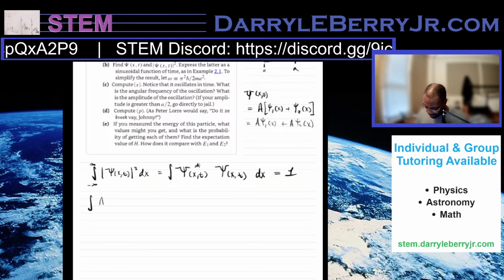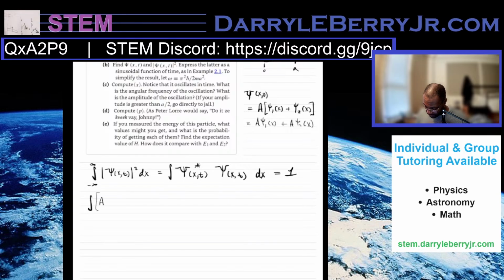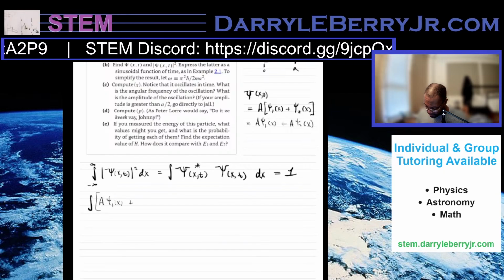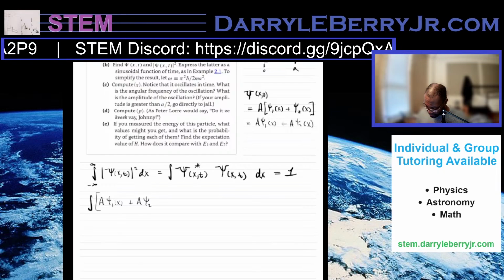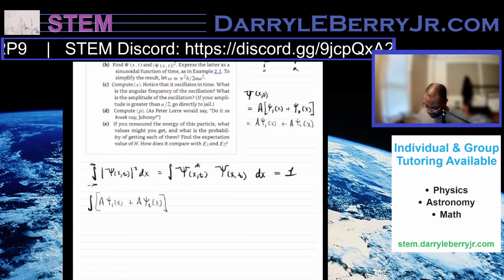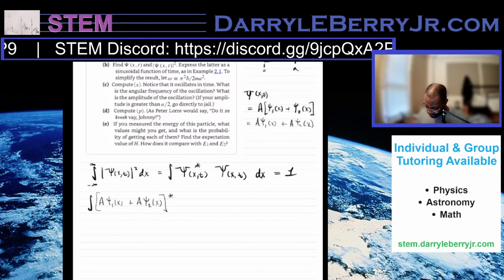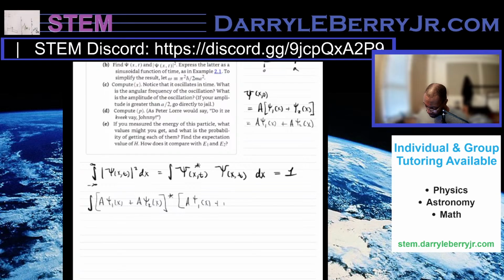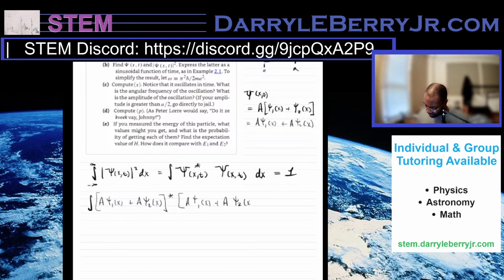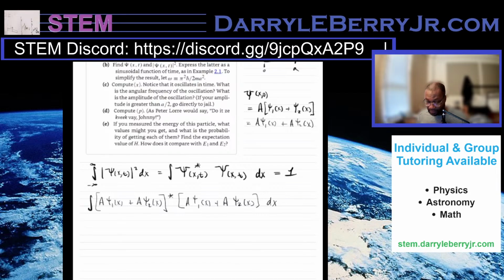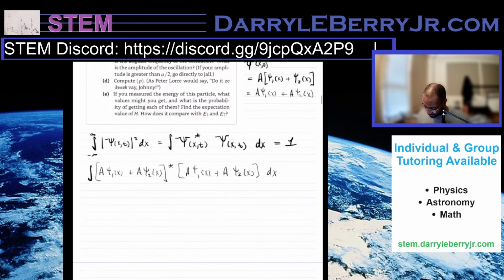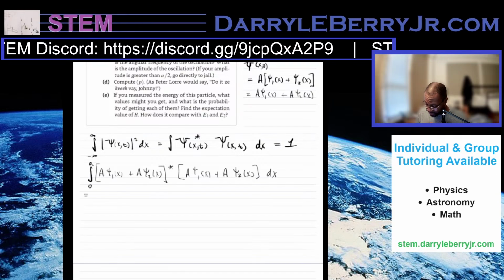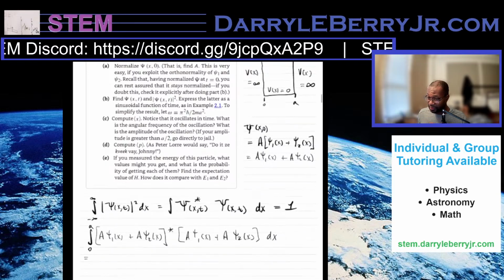So we have A psi 1 of x plus A psi 2 of x, complex conjugate, times A psi 1 of x plus A psi 2 of x dx. So now I have to multiply this out. And this is from 0 to a, since we're using the actual bounds of the square well that we made.